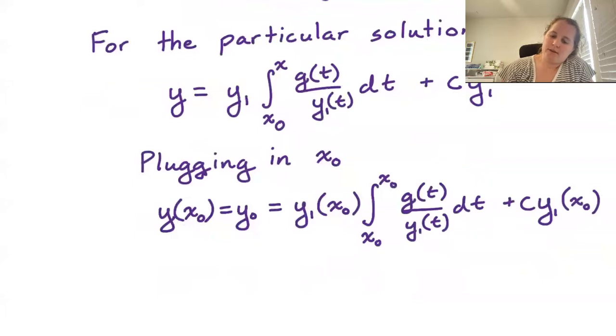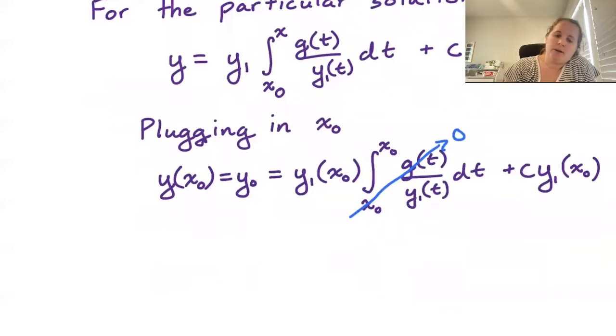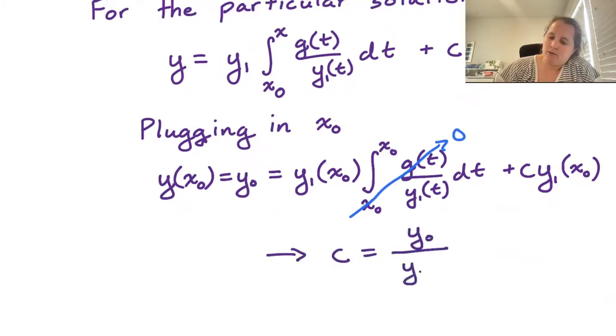This part here just goes to 0. The integral from x naught to x naught will always be 0. And so we wind up getting that c is equal to y naught over y1 of x naught.